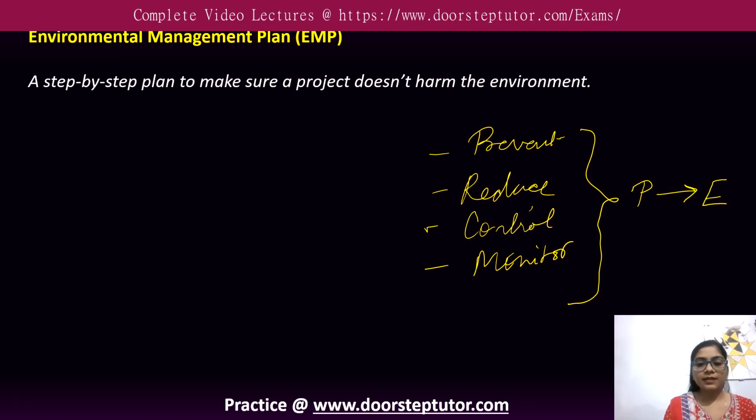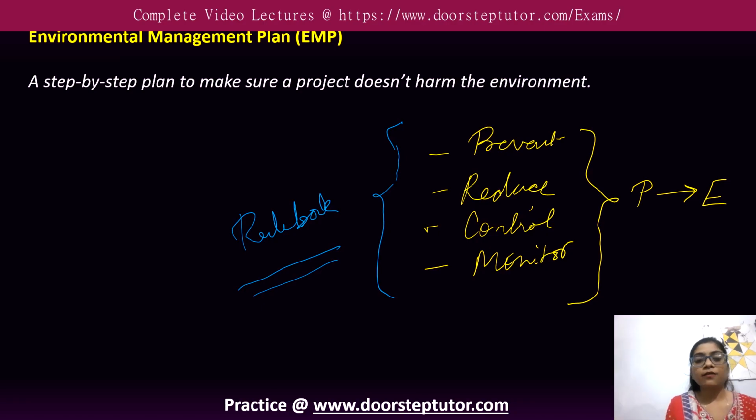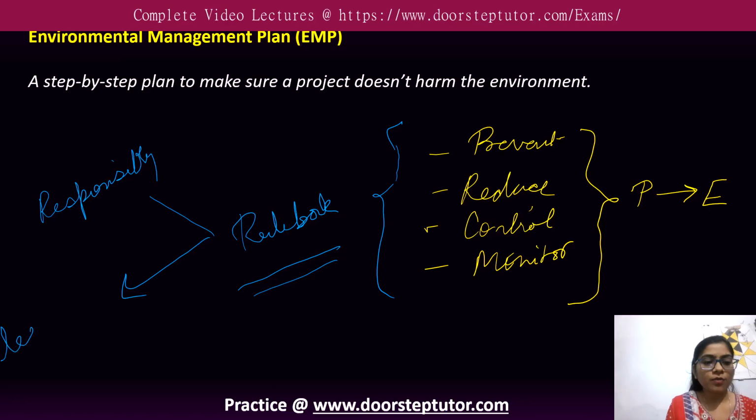So basically, your EMP is actually a rule book to make sure that the project is done very responsibly and it is complying to all the legal mandates as well without harming your environment.